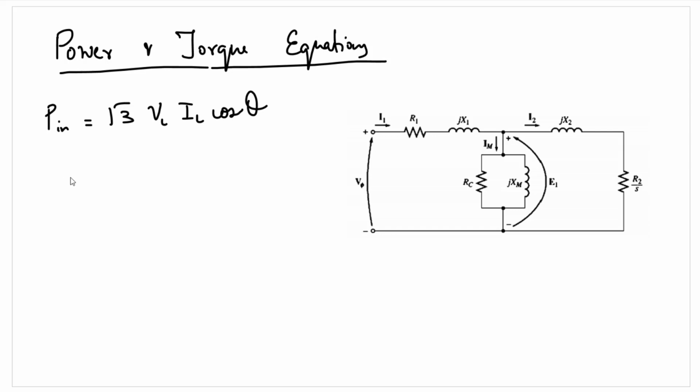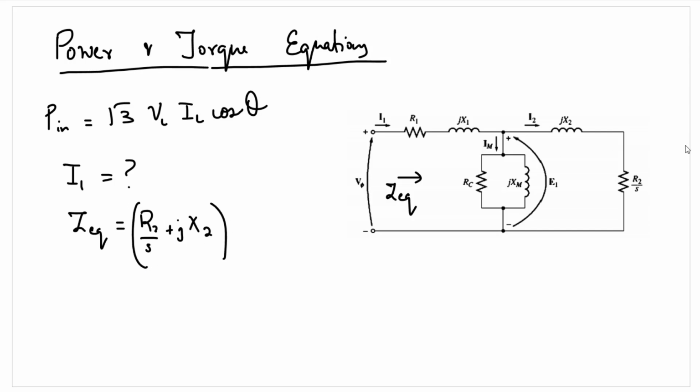To derive the stator copper losses, we need to calculate I1 from this equivalent circuit. Looking from this side, we need to find out the total equivalent impedance of this circuit. R2 by S and jX2 are in series.